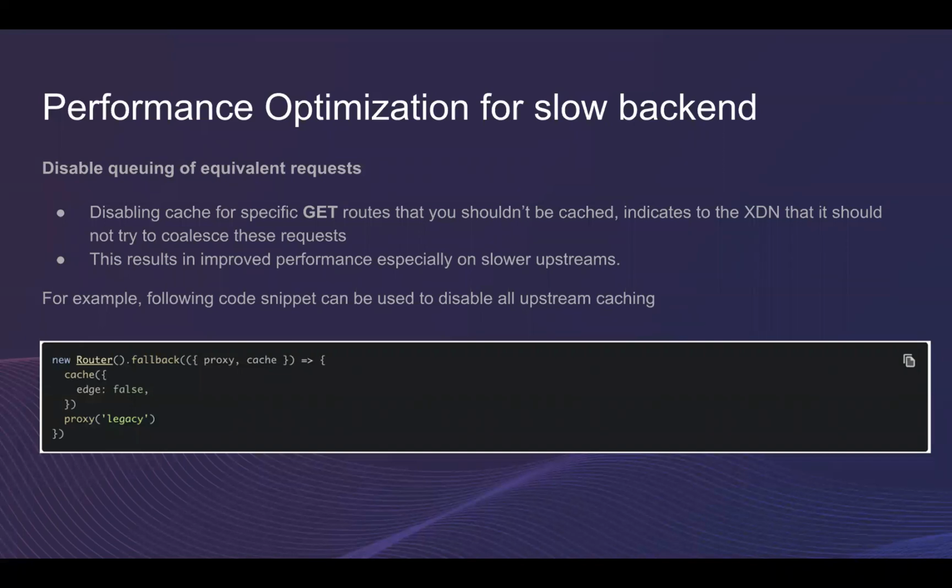So as you have an example here, if you want to disable cache for everything upstream, that's an option you can use. If you don't want to use that for obvious reasons, then you can specify a path that you don't want to cache, and then add that to the router.js, which will tell XDN not to cache certain GET requests.